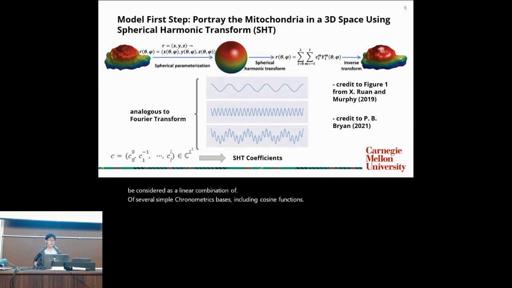Similarly, in SHT, we will first map the original shape into a spherical coordinate, which is R here. Then by applying the spherical harmonic transform, we'll be able to represent the spherical coordinate with a linear combination of the spherical harmonic bases, which are Y here. And we will obtain the coefficients, which are C here. And the C can later be applied as a descriptor, based on which we can perform the inverse transform to reconstruct the shape.